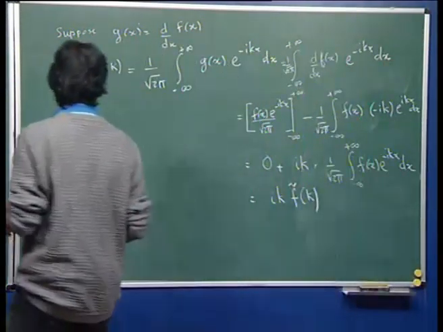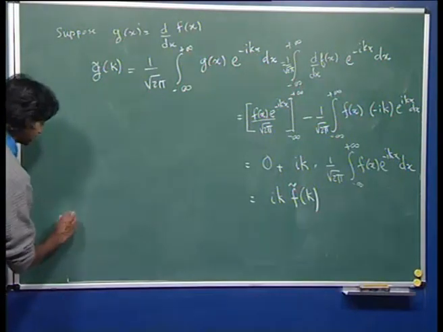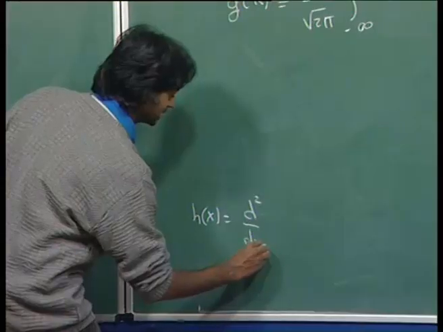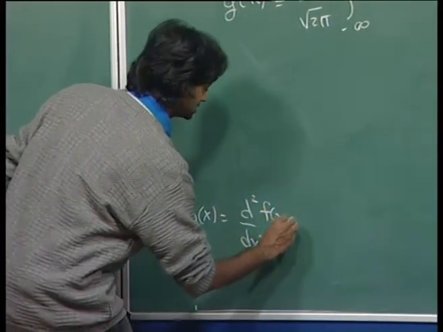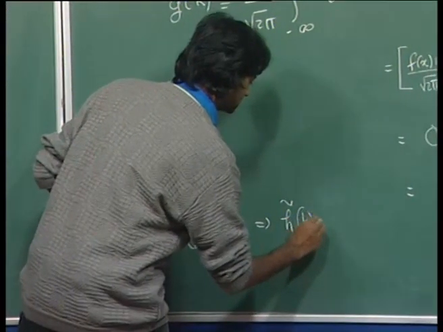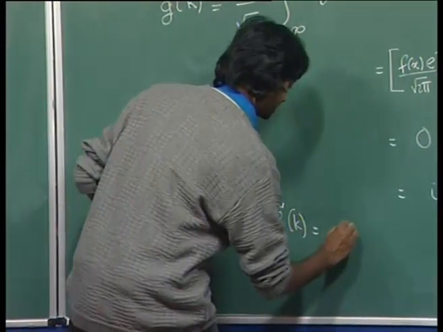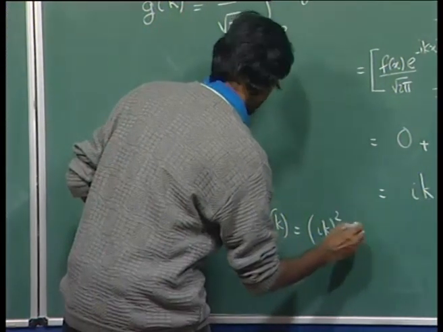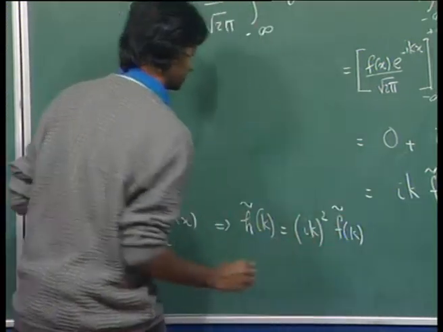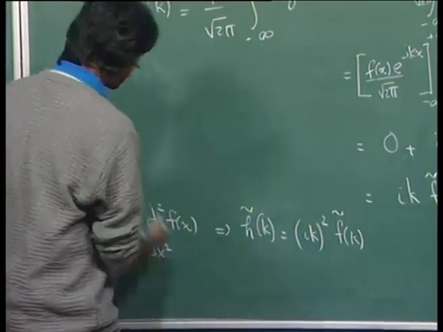If it is a second derivative, if h of x is equal to d square by dx square of f of x, then this implies h tilde of k is equal to (i k) square f tilde of k, and you can go on for all derivatives.